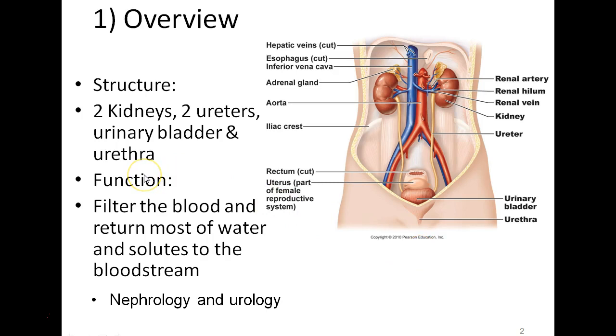Again, as we said before, the function of having a urinary system is that we filter blood and return most of that water and solutes back to the bloodstream. And we can see that in this image where we have the inferior vena cava moving through, receiving blood from the kidneys. And here we have the abdominal aorta delivering blood to those kidneys.